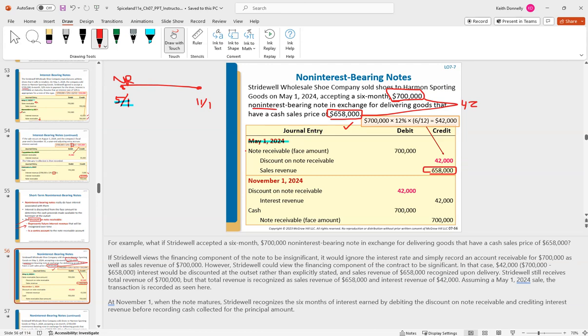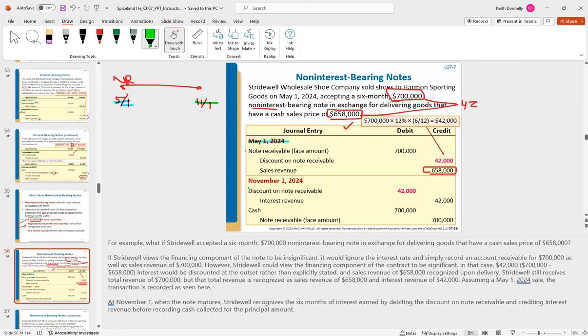The difference here, you can plug it, the difference between 700 and 658, or you can do the math on there. We're basically factoring in interest on it, 42,000. And the idea there is that's the discount. It's going to be a contra account to the note.